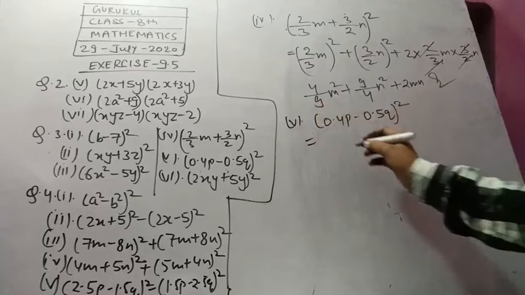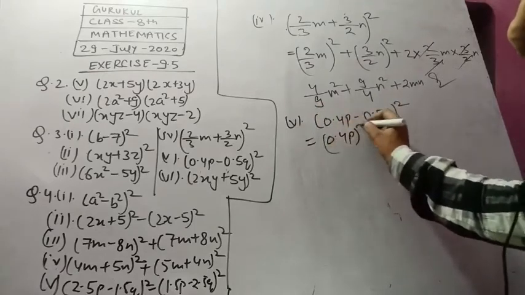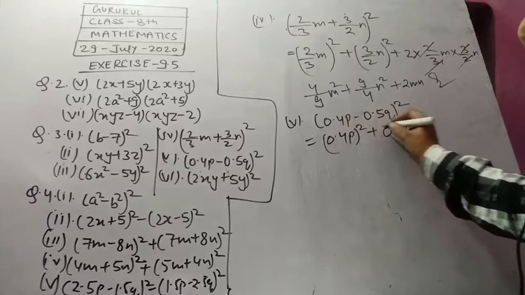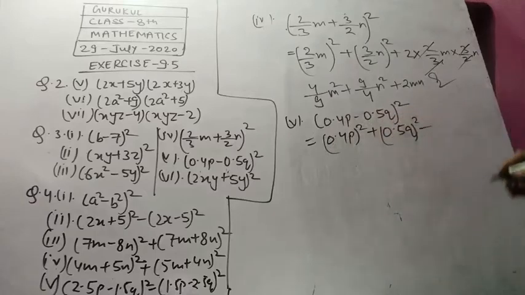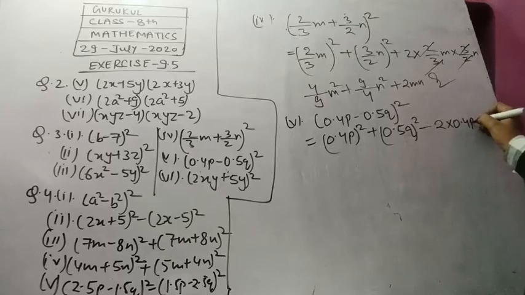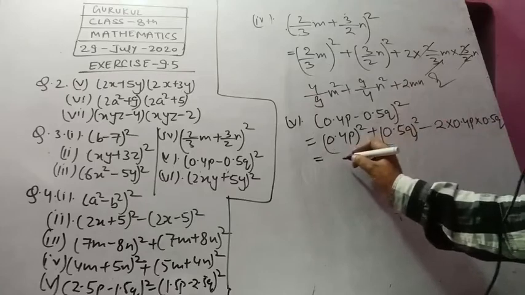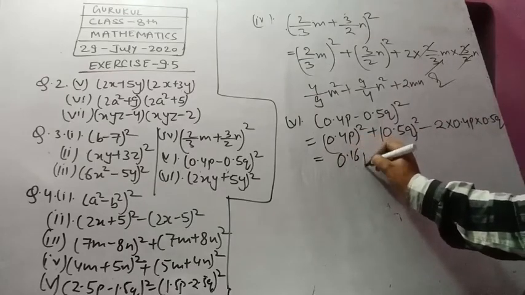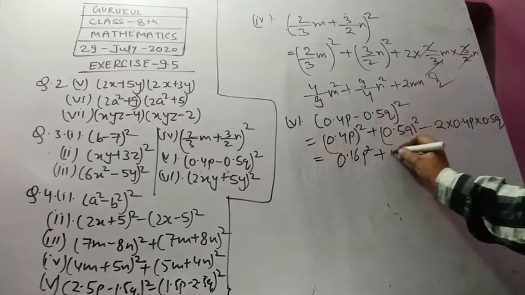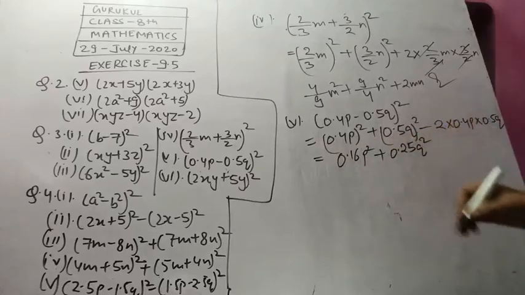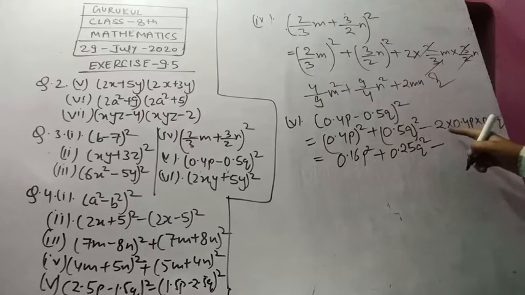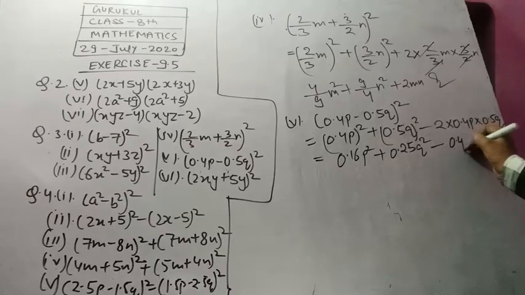So (a minus b) whole square, that is first term square, a square, plus b square, means (0.5q) square, minus 2 into first term 0.4p, second term 0.5q. 0.4 square, this will be 4 4s are 16, so this will be 0.16 p square, plus 0.5 square, this will be 0.25 q square, minus 2 into 0.4, this will be 0.8, 0.8 into 0.5, this will be 0.4pq. This is going to be the answer.